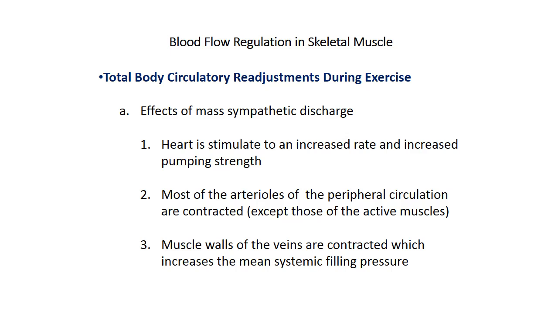It means that the arterioles in the gastrointestinal system or kidney system are contracted. Muscle walls of the veins are contracted, which increases the mean systemic filling pressure. Systemic filling pressure is the pressure only in the systemic circuit, not in the heart or pulmonary circuit.